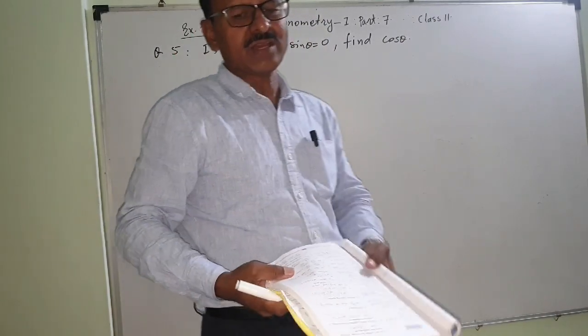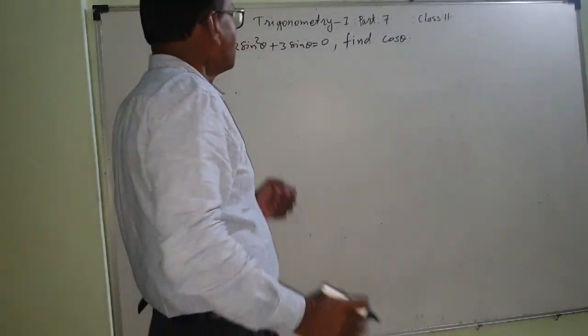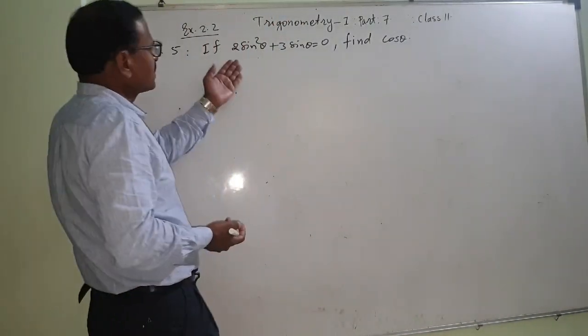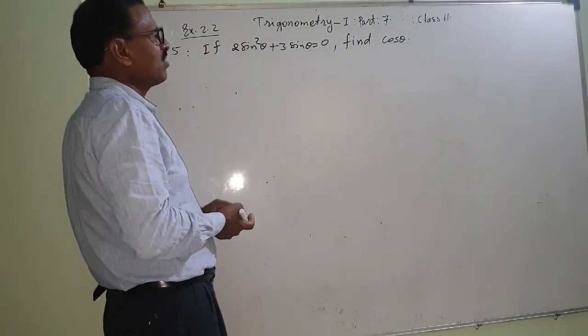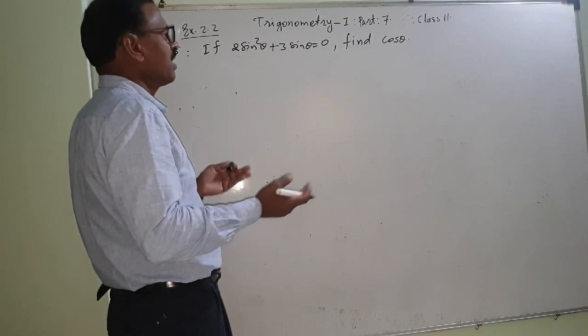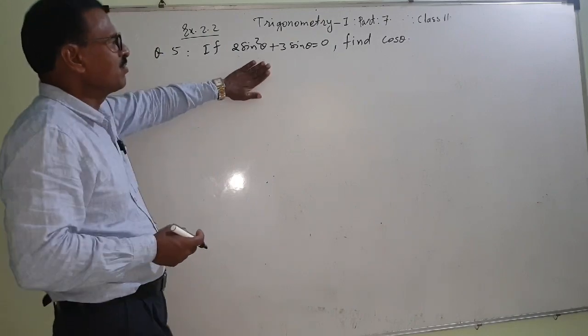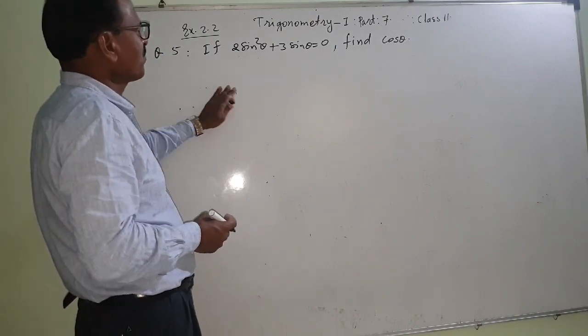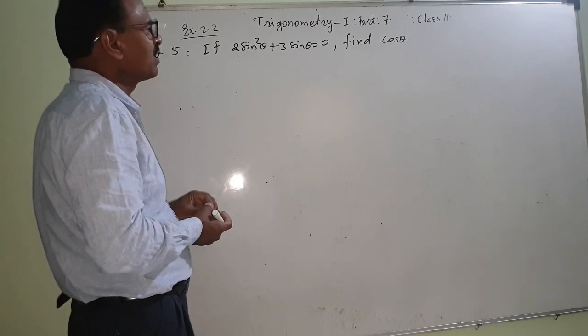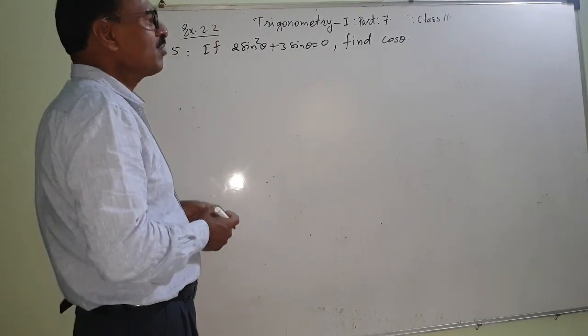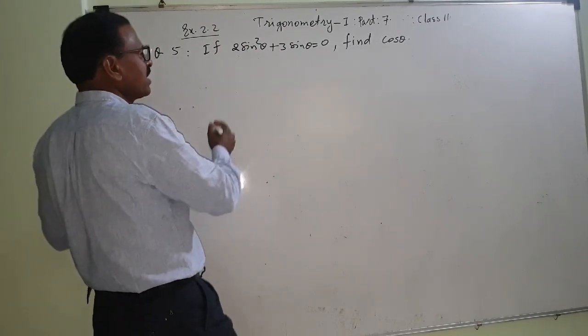So we have to find the value of cos theta. Here this is sine and here it is given as cos. I want to find the value for cos theta. So first of all I will find the value of sine and then find the value of cos theta. This is a quadratic equation.